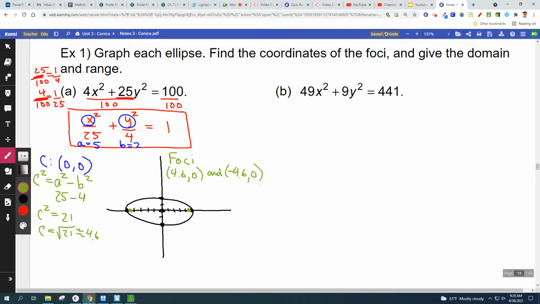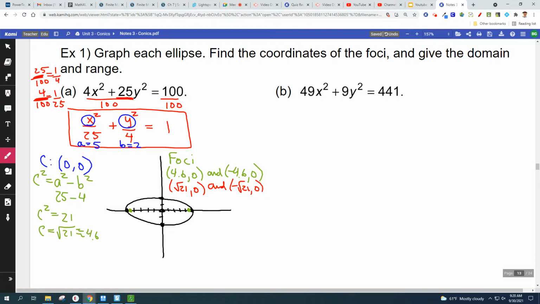But it's going to be a lot better if you're exact. Instead of saying 4.6, say square root of 21. That's square root of 21 comma 0 and negative square root of 21 comma 0.